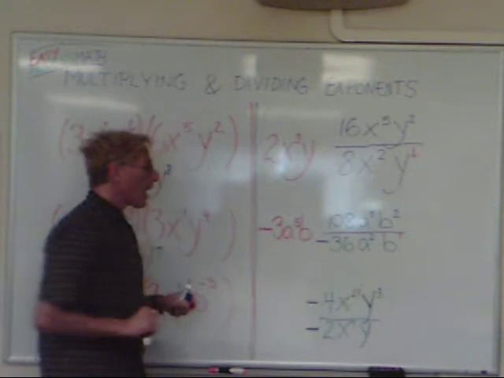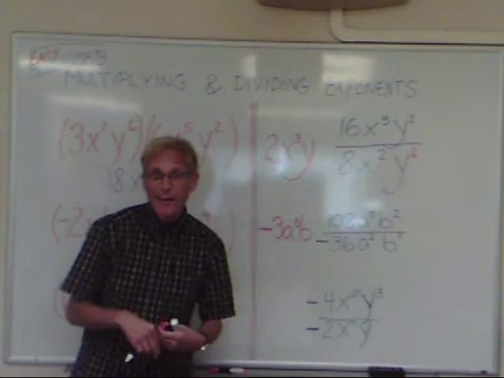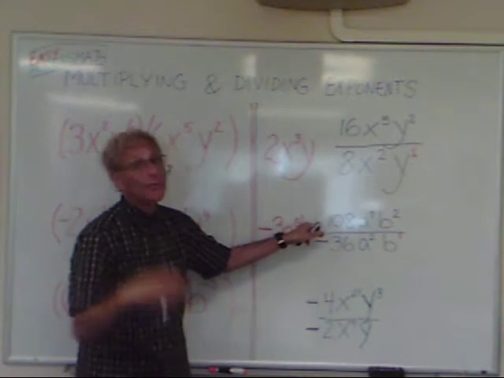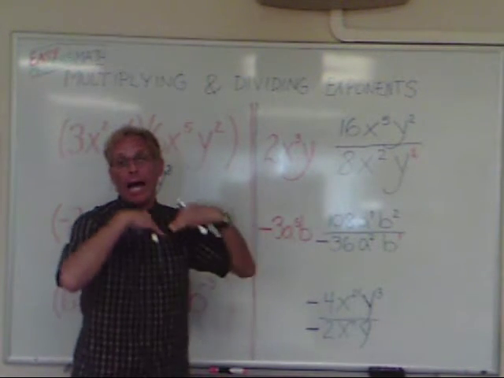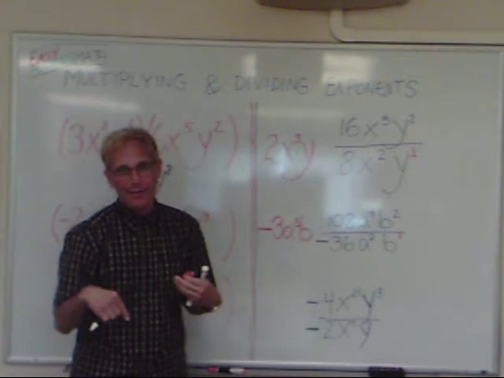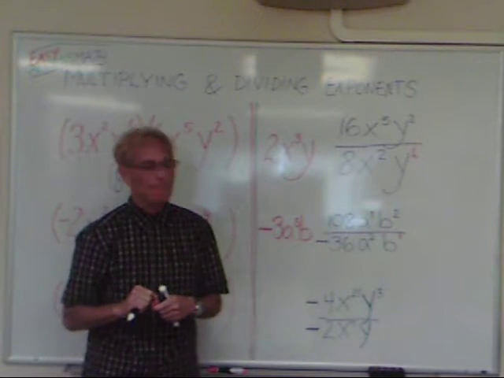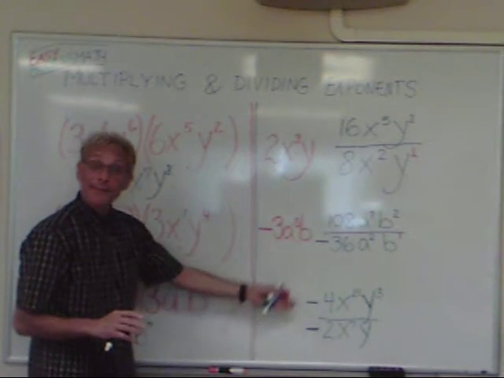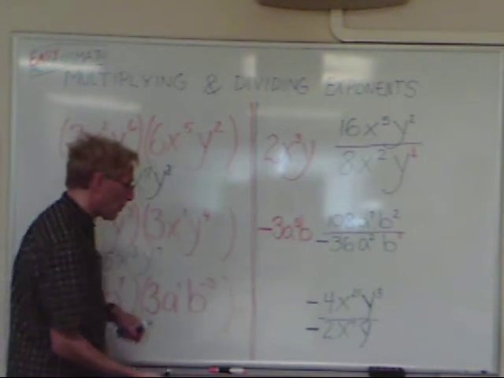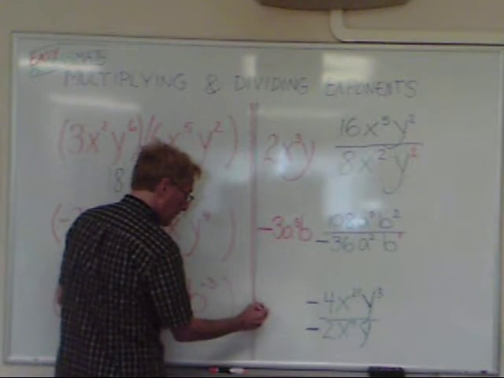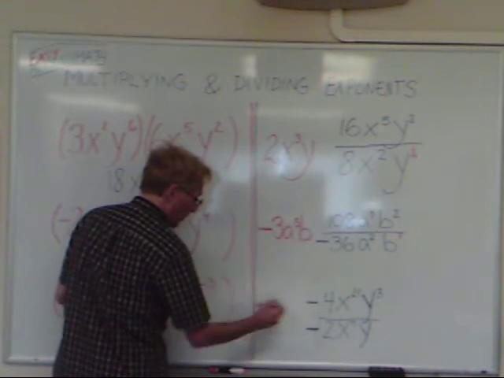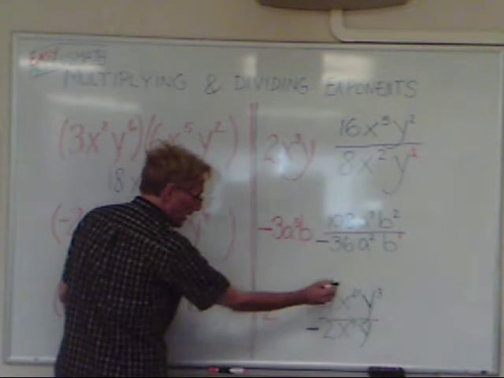When only one sign is negative and the other is positive, or in this case, no sign meaning positive, the answer is always negative because the signs are unlike. Down here, both of my signs are negative. 2 negatives equal a positive, so it's going to be positive 4 divided by 2 is 2.